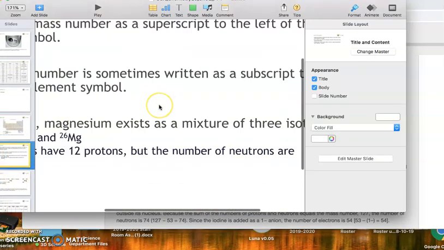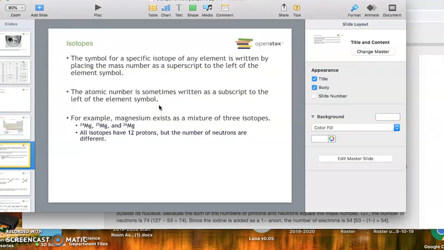So going back to our PowerPoint here, before we left off on Wednesday, we were talking about isotopes and isotope notation. Talking about different isotopes, we know that the number of neutrons differ between isotopes, but the number of protons stay the same. And so that means that the atomic mass is affected when we talk about isotopes.